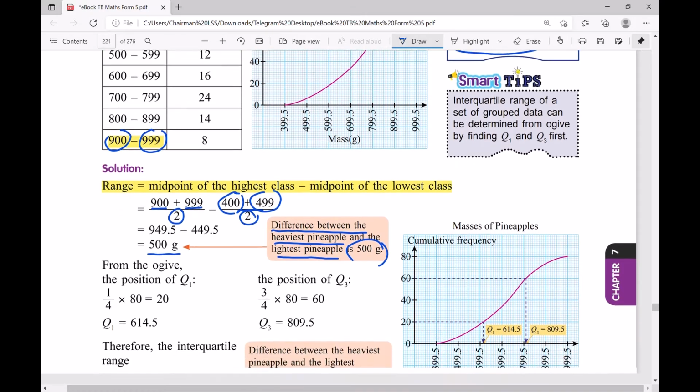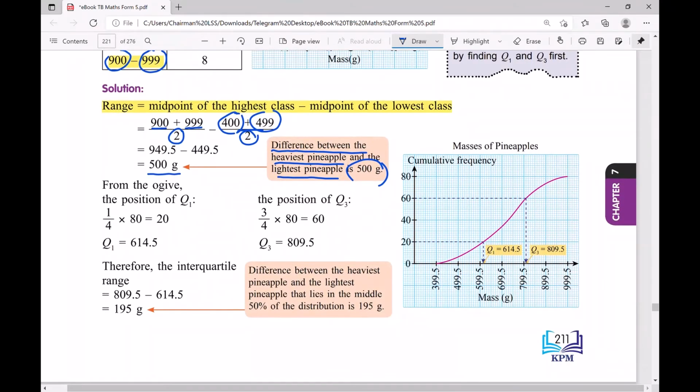What if we find a more accurate range or dispersion? That is the interquartile range, IQR. So we have to use our ogive. First we find the Q1.